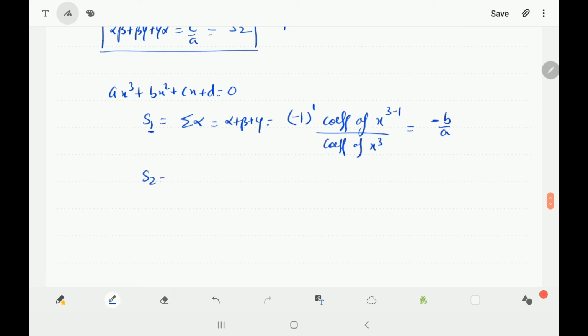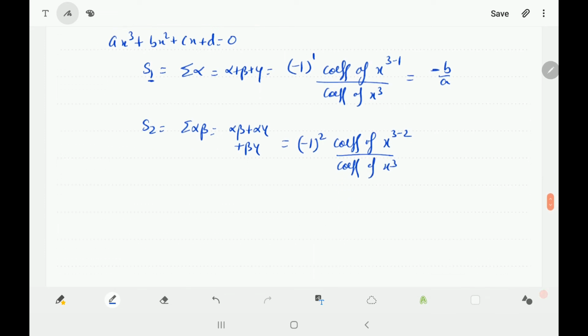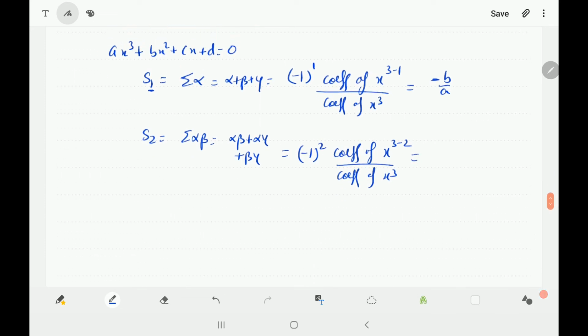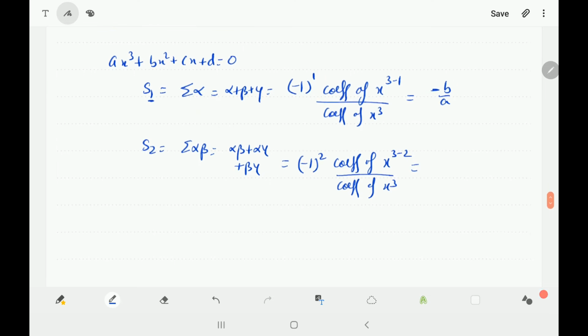Now if you take S2, which is summation alpha beta, this will be the terms alpha beta, alpha gamma, beta gamma. So minus 1 raised to the power 2, coefficient of x raised to the power 3 minus 2 upon coefficient of x cube. So this will become coefficient of x raised to the power 1, which is c only.